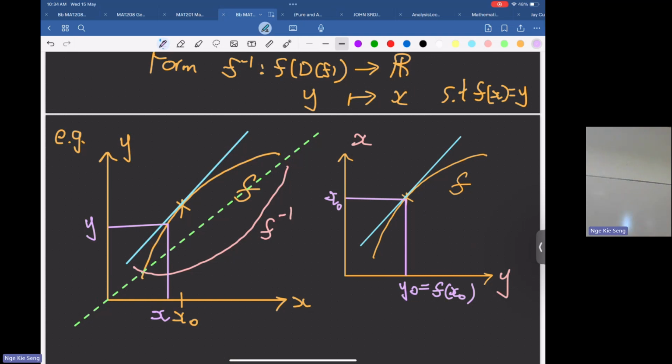So if I want to look at this f inverse here, the gradient at y naught, what do you think the gradient should be?